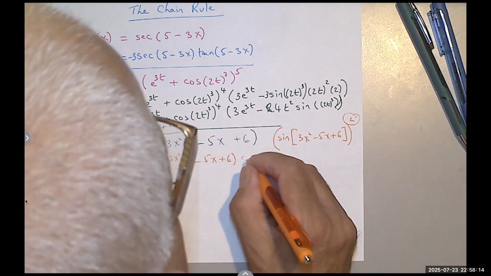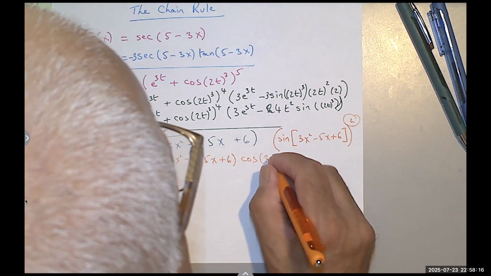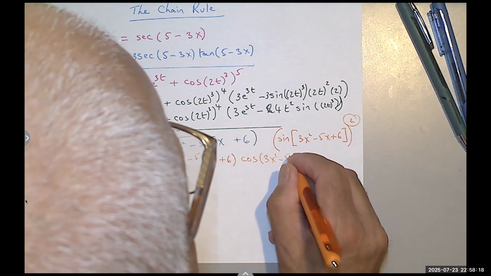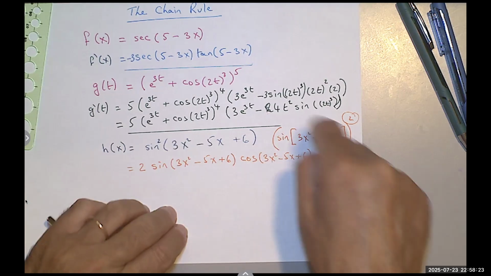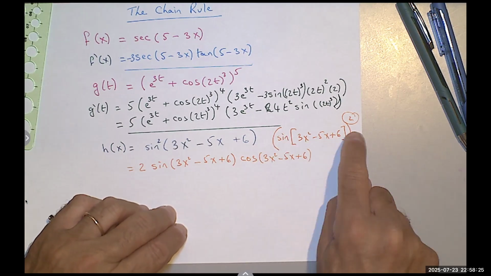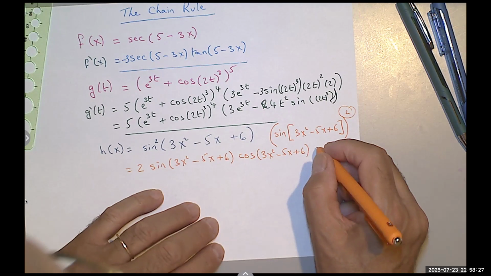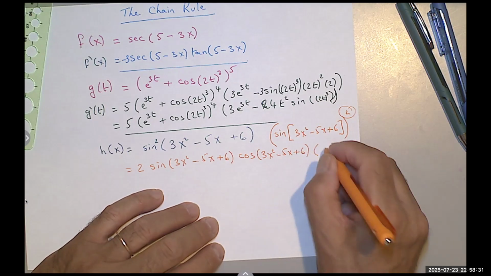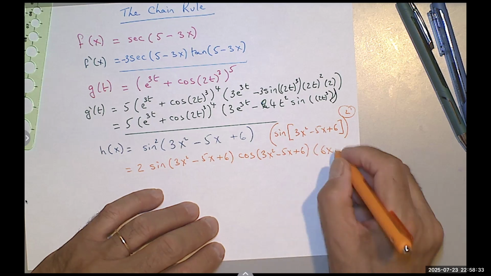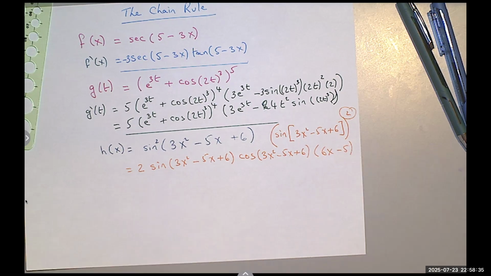So I'm going to multiply that by cosine of 3x squared minus 5x plus 6. I'm done with the sine, so I step inside. I see a function in x. Its derivative is, the derivative of 3x squared is 6x minus 5. And that's it. I'm done.